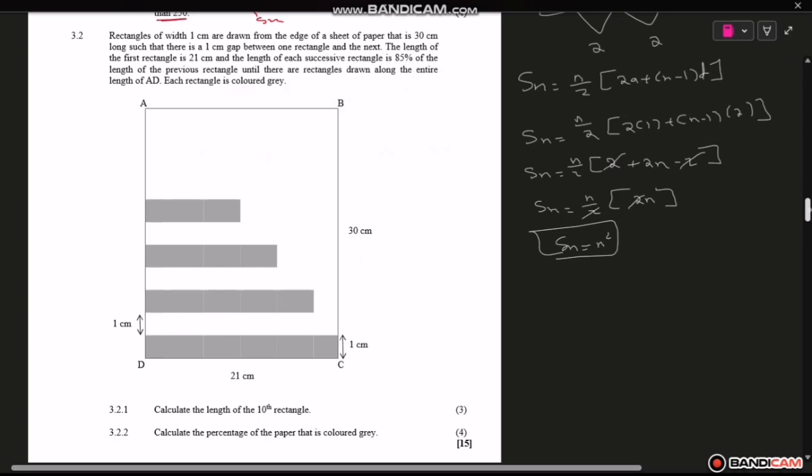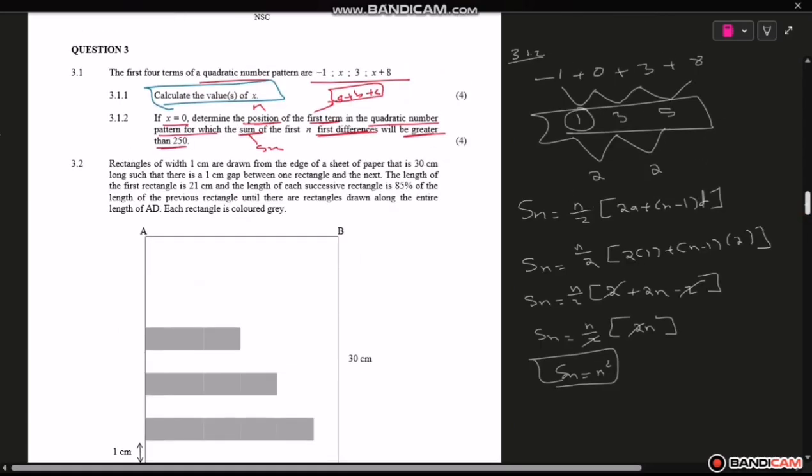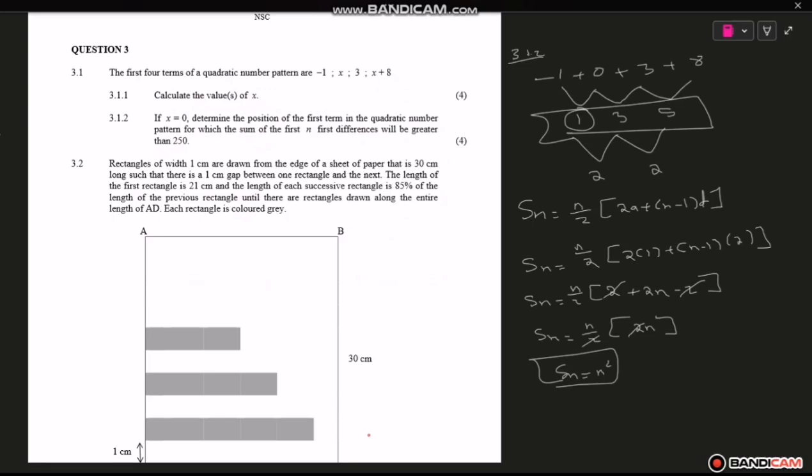Then what we're going to do now, we're going to use that Sn there, as we are actually told that it will be greater than 250. Let me just try to wipe everything so that we see what I'm talking about.